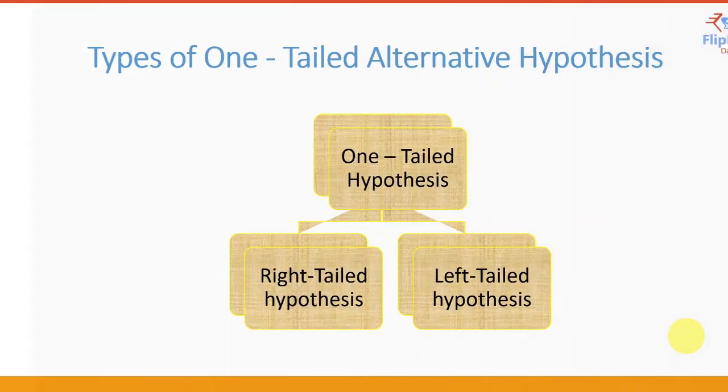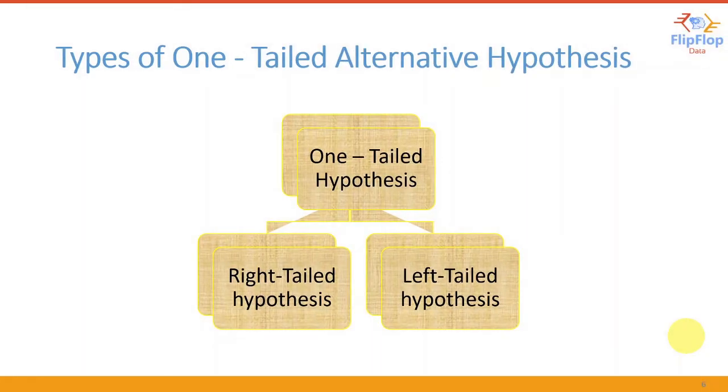So now moving to one-tailed or one-sided alternative hypothesis. This is again of two types: right-tailed hypothesis and left-tailed hypothesis. So let us consider another example to understand this.